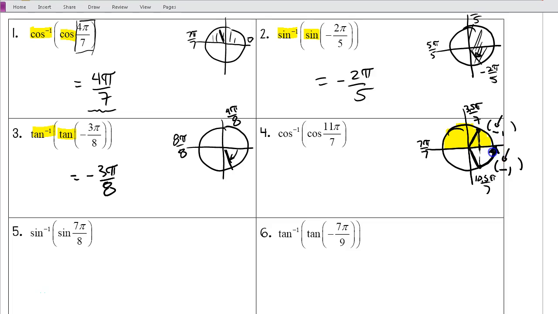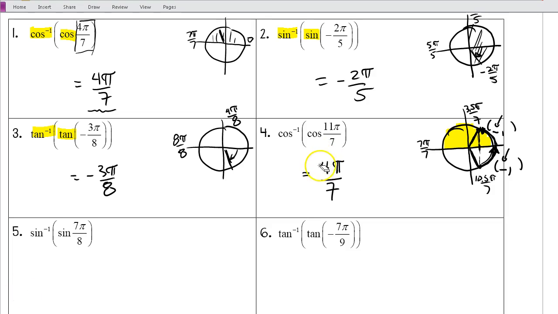Actually 4 more pi over 7s. So that means if I go 4 pi over 7 this way, I'll get to an angle that has the same x value, which means that the cosine inverse of the cosine of 11 pi over 7 is going to be 4 pi over 7.